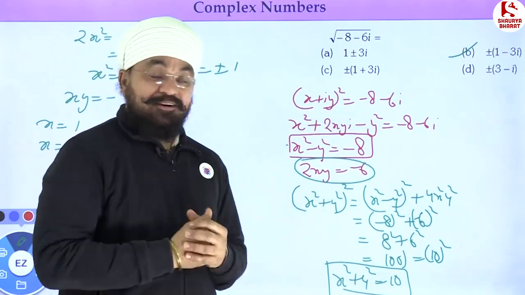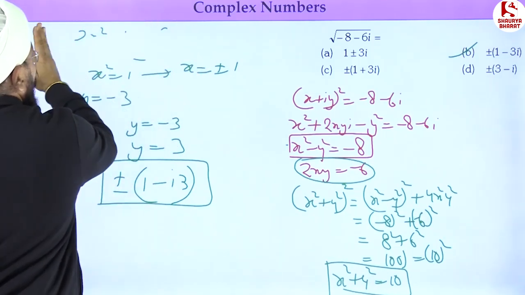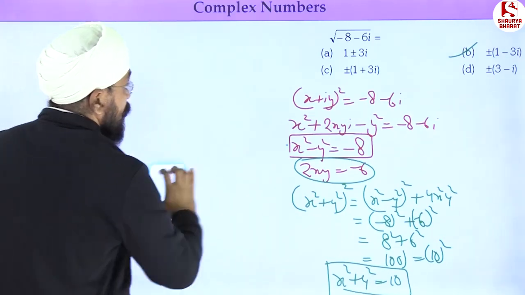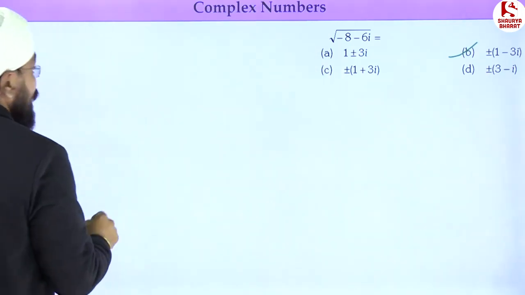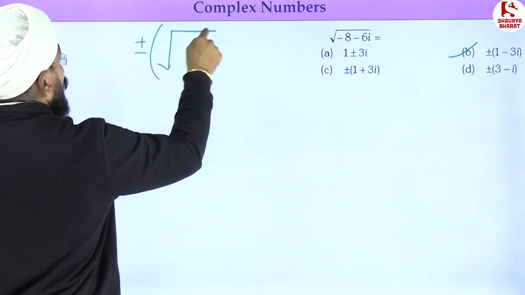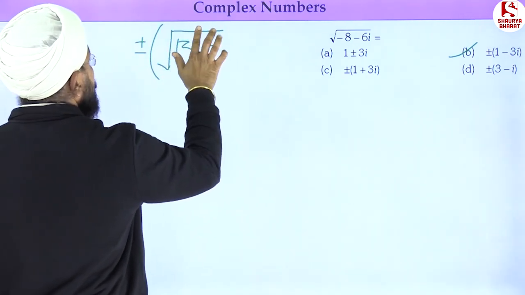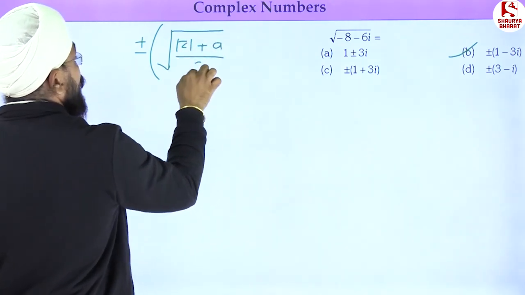Now let us do it with the direct formula that we have studied: plus or minus of root of magnitude of z plus a whole divided by 2, plus iota root of magnitude of z minus a whole divided by 2.